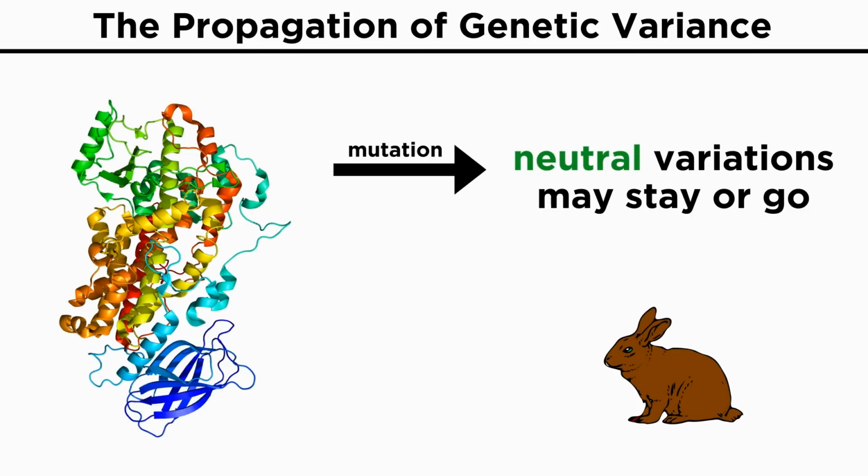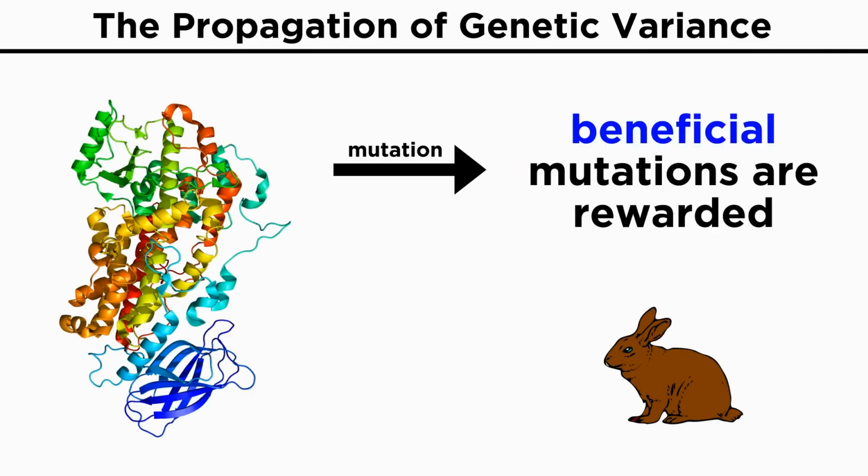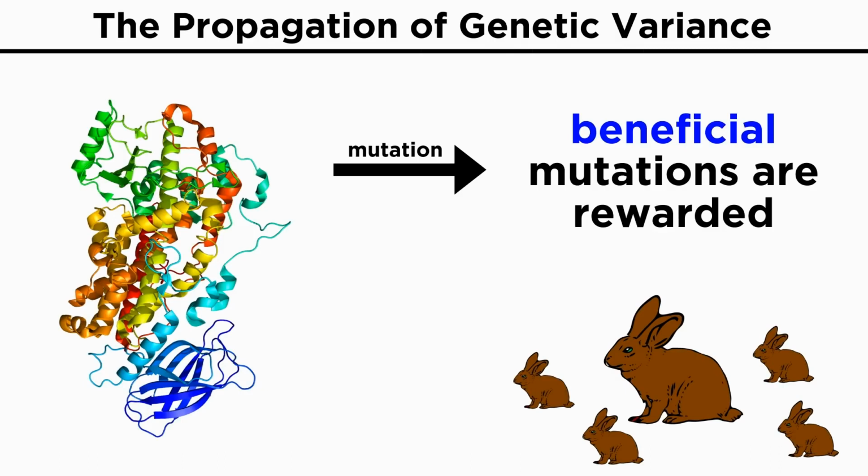This is one way that differences can accumulate over time, because there is no mechanism in place to weed out these benign mutations. Once in a while, however, a mutation will bestow the organism with a survival advantage, and this is rewarded with a higher likelihood of survival and reproduction.